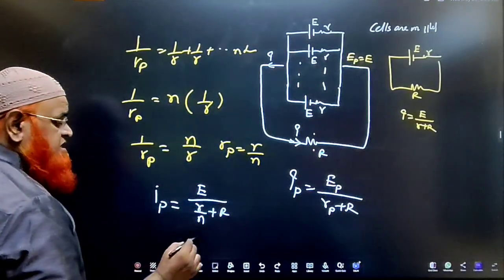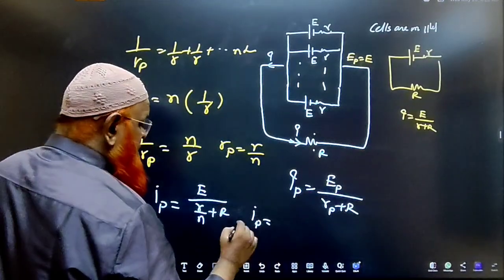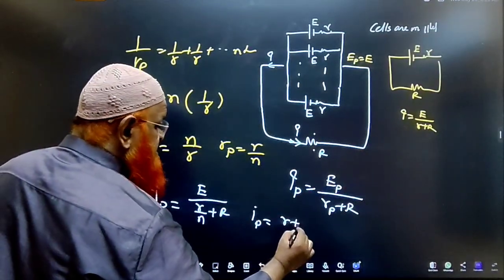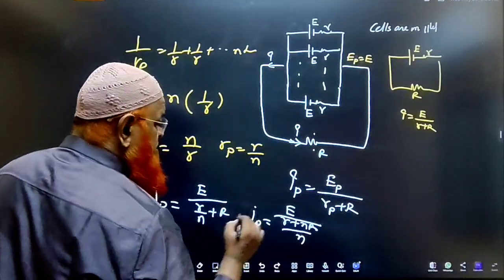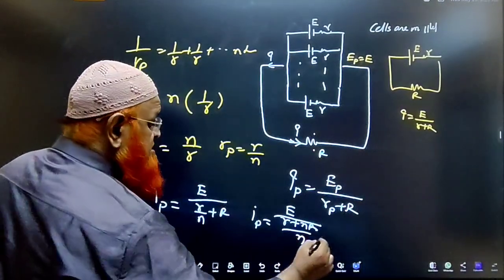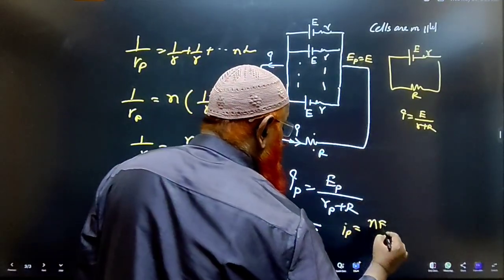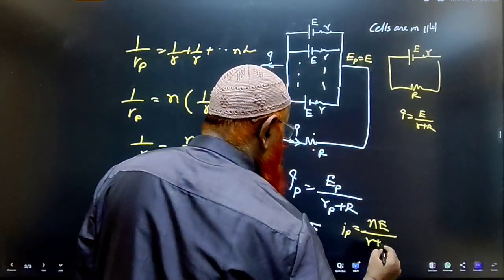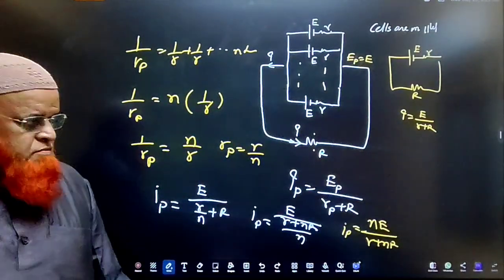So this is the case in I parallel. If you take an LCM, you will get R plus N into capital R by N, and in the numerator is E. So what do you understand from this? I parallel is nothing but N into E by R plus N into capital R. Hope you understand.